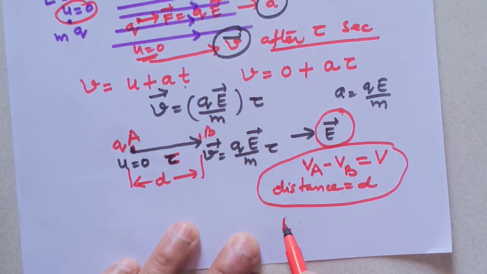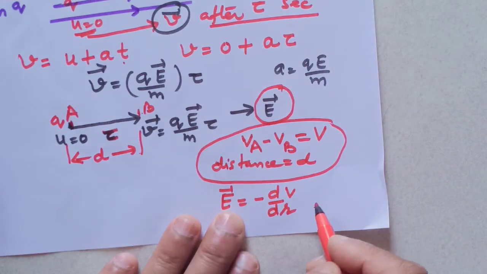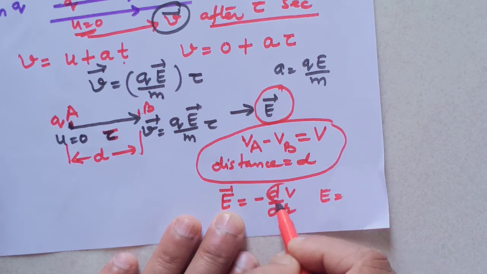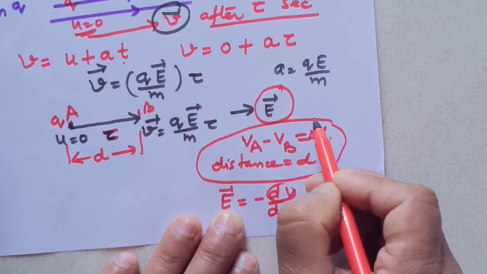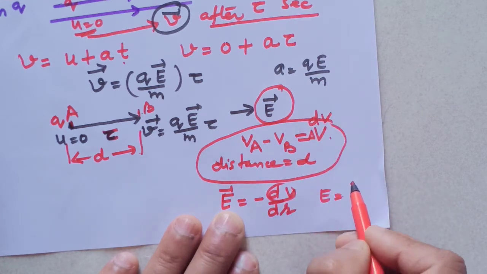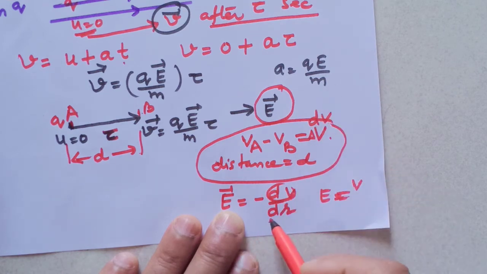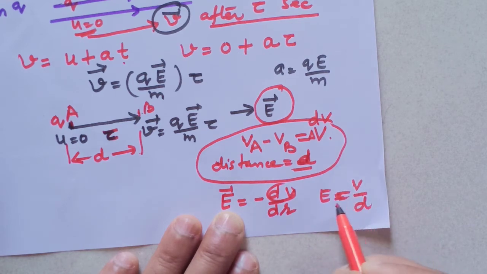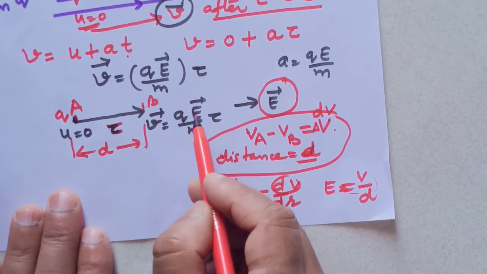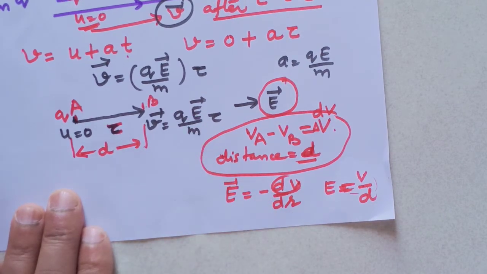Actually, the electric field is the negative gradient of potential. So here E is dV over dr, and if we find the magnitude, then E is equal to V upon d. So in the expression, in place of E we can put V upon d.